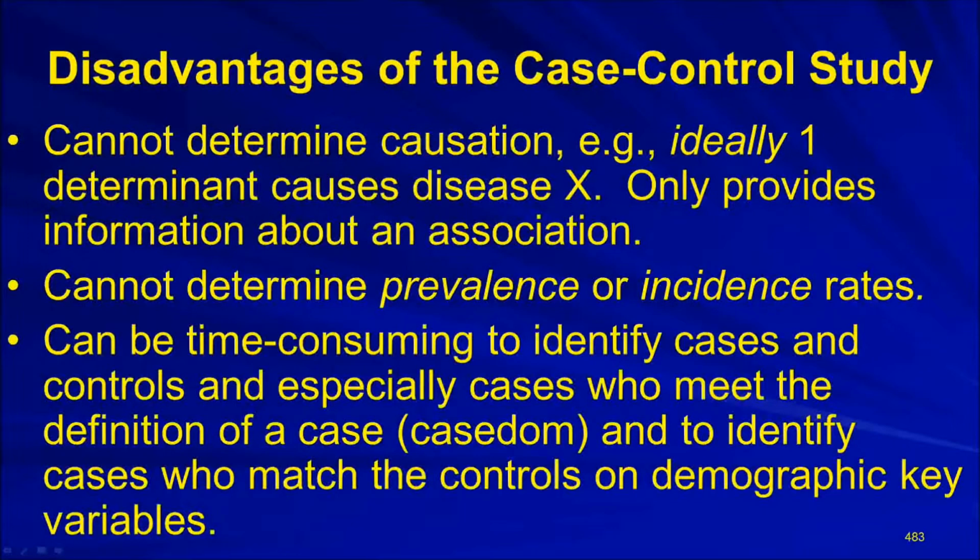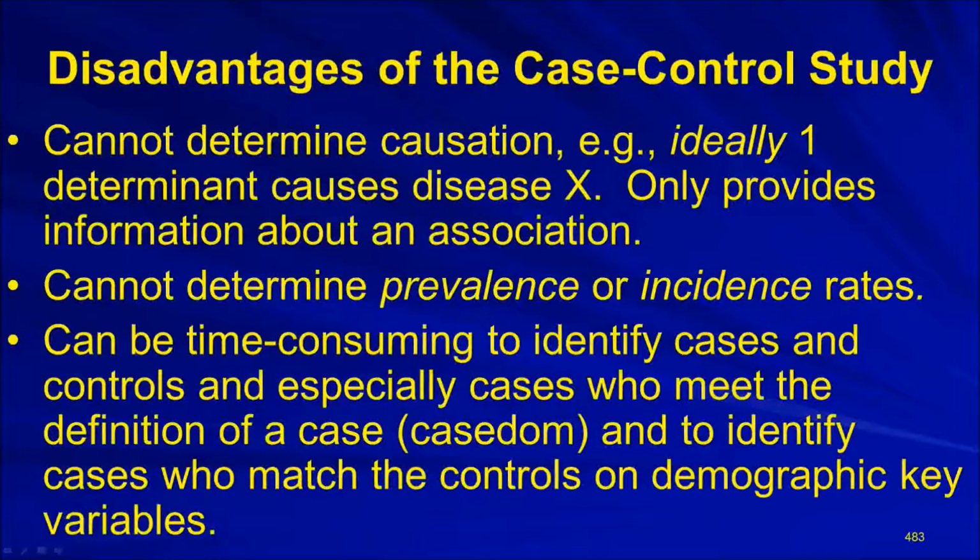It can be time-consuming. The study that I did at Kaiser Permanente Hospital in Hayward, California, we had cases, and for every case we had to look at 1,000 cases to see whether we could get a match for the cases.